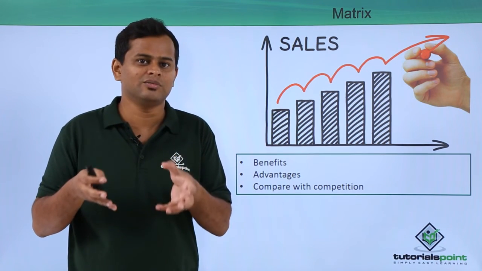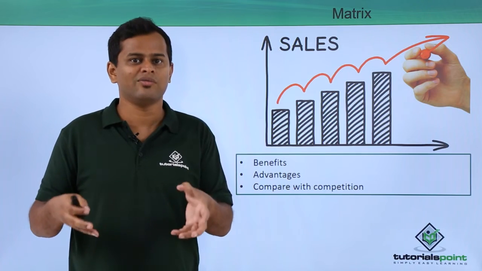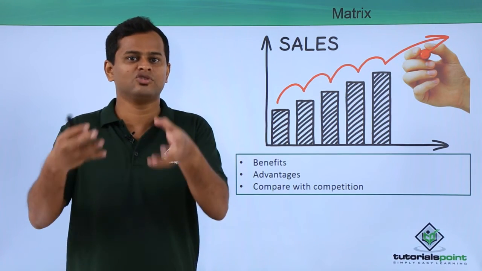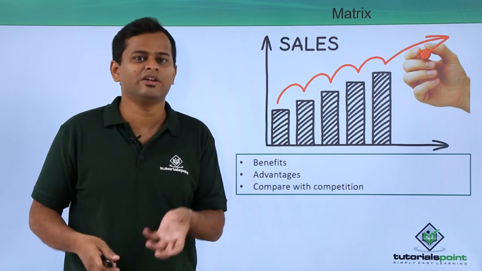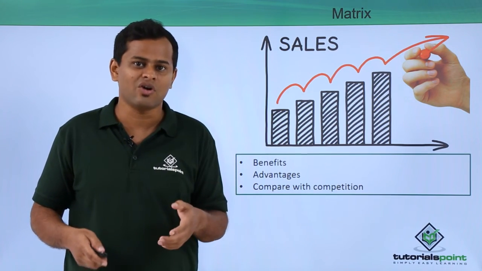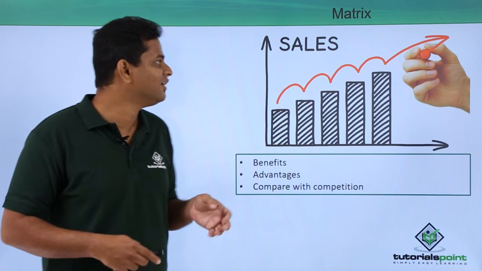Whenever a customer feels that he gets a lot of value for the money he is going to pay, in comparison to the competition, then only is he going to take the decision of buying. This should be very clear.